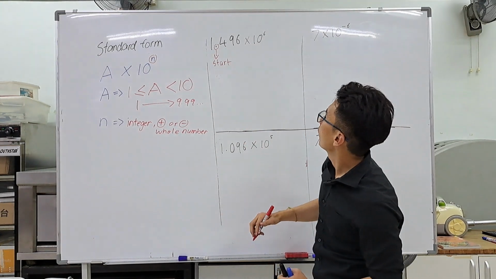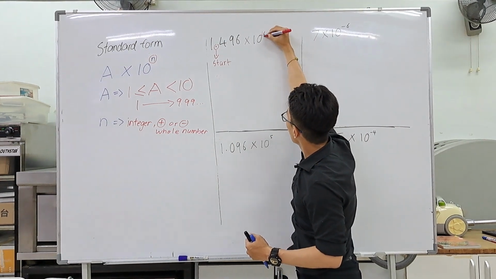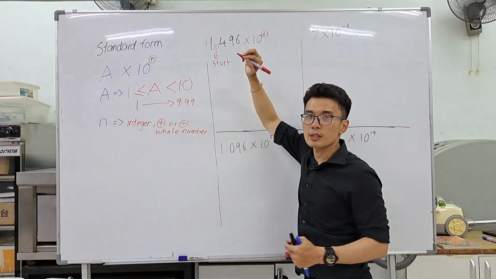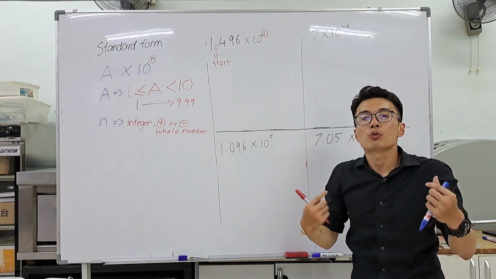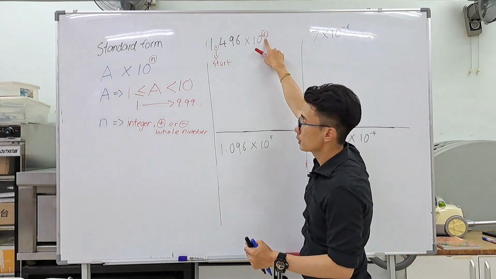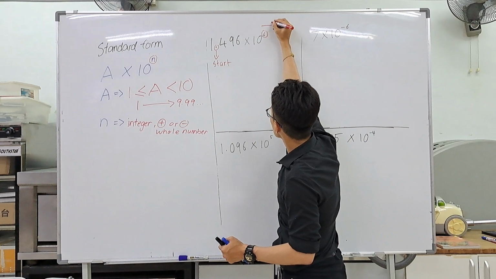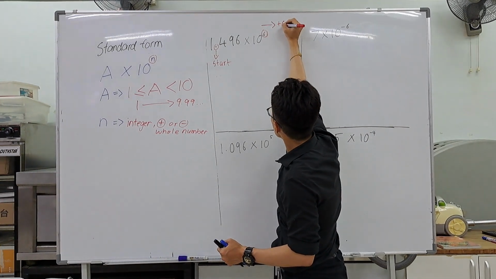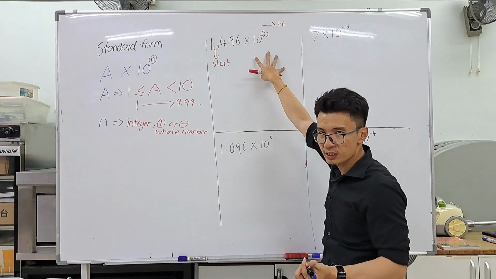And the power over here will tell you the direction you need to jump and how many times. In this case, it's a positive 6, so you know you have to jump to the right 6 times.